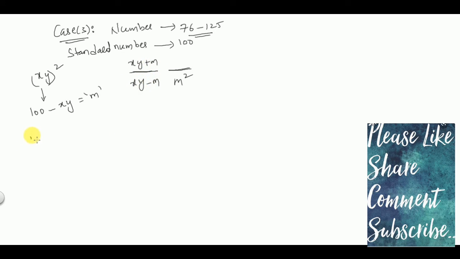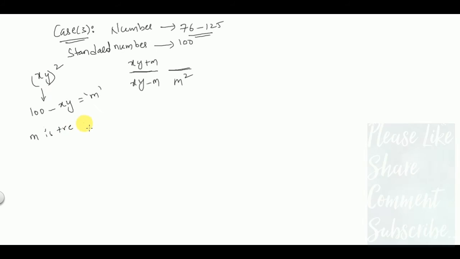If m is positive, that is, the number is less than 100, then we have xy minus m. If m is negative, then we have xy plus m. These are the two rules we have to follow to find the square of any number between 76 and 125. We'll take an example, then you'll understand very clearly.